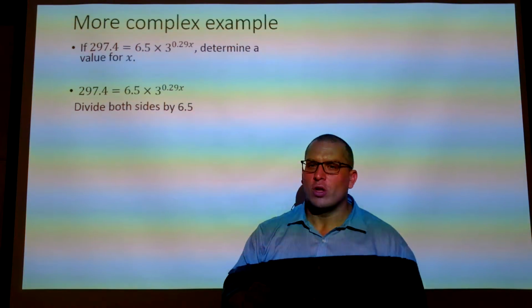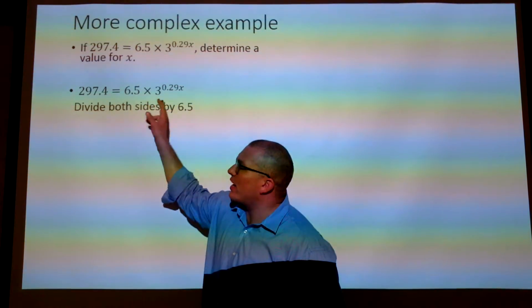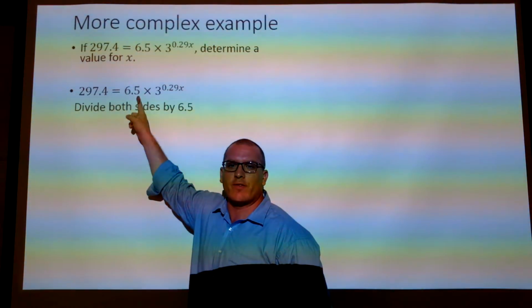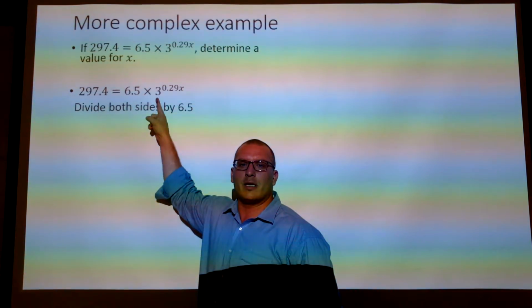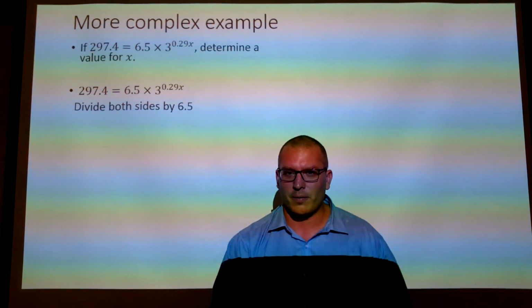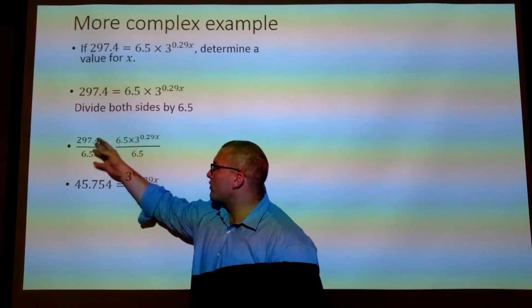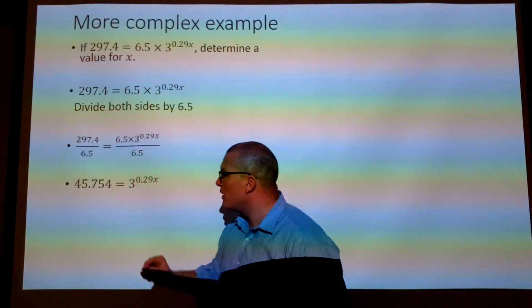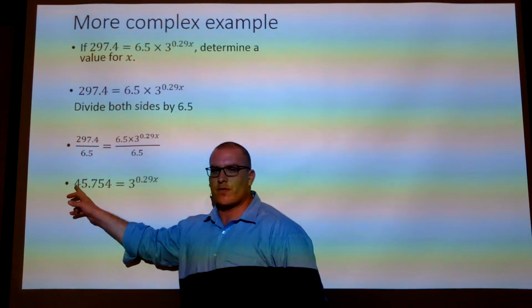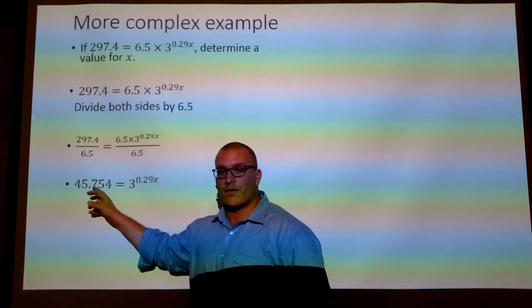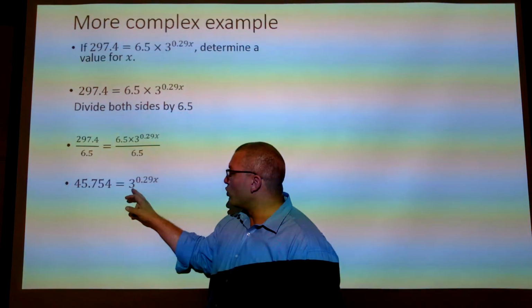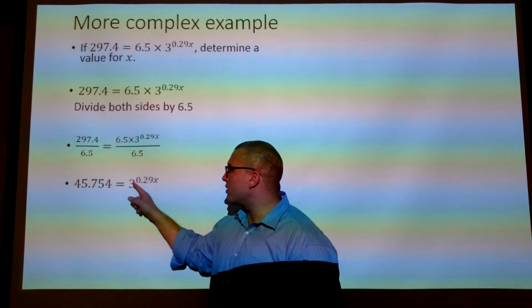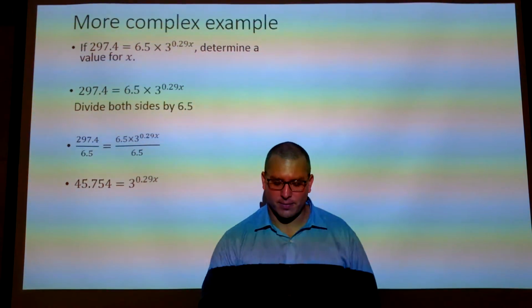So first of all, I would divide both of these sides by 6.5 so that I get the exponential part by itself. So once we divide everything through, 6.5 divided by 6.5 equals 1. So now over here what I have is 45.754 is equal to 3 raised to the power of 0.29x.